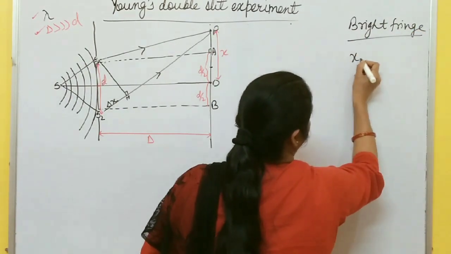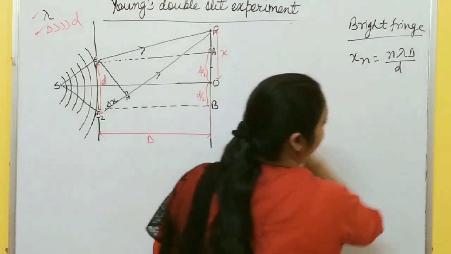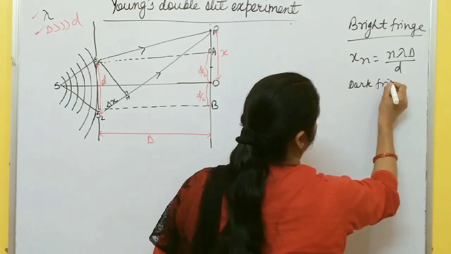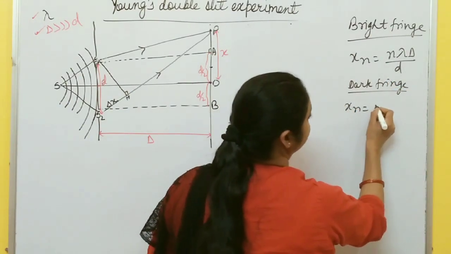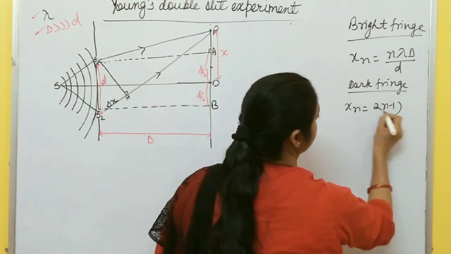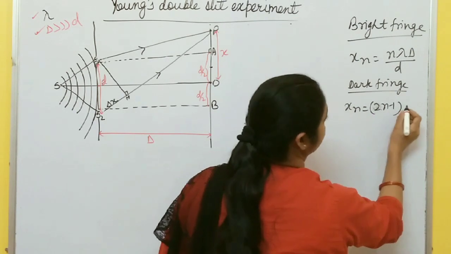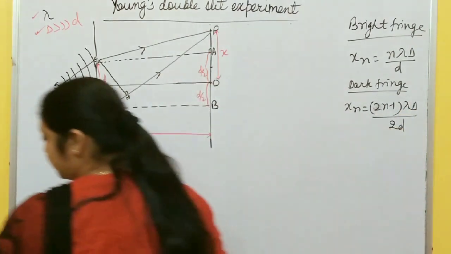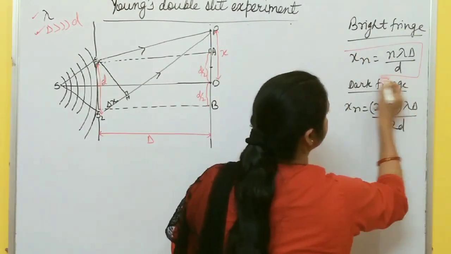We know xn = nλD/d. And for dark fringe, what is the condition? xn = (2n − 1)λD/2d. These are the positions for bright and dark fringes on the screen.